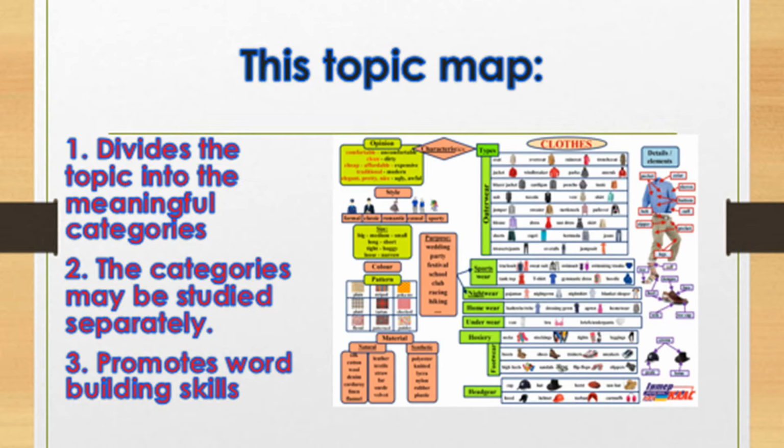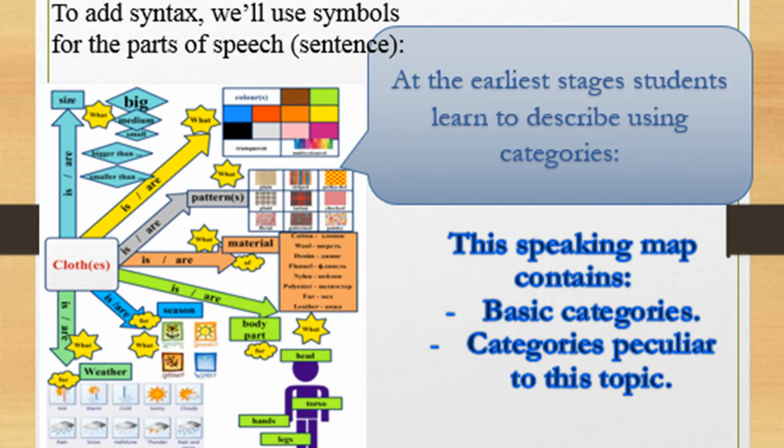And if we look at this map closer, we'll see that also it promotes word building skills because the roots of some words are underlined, and that is how we can ask our students to paraphrase. So this map is almost the same as we see in the classroom, and it is in the student's portfolio.